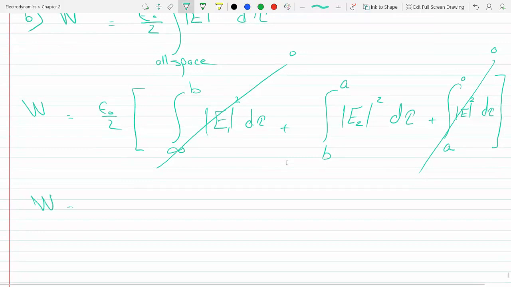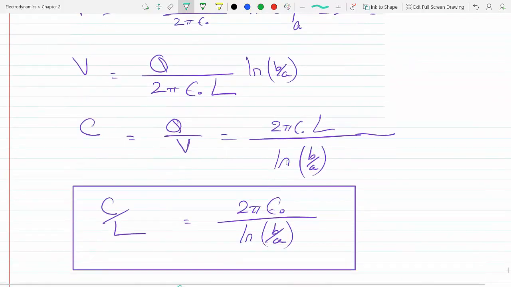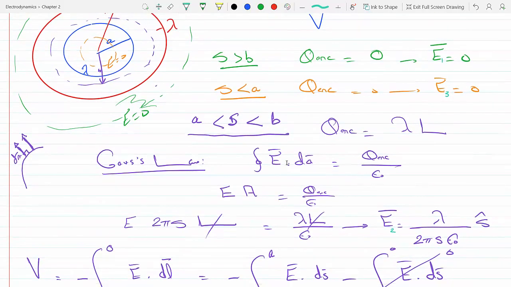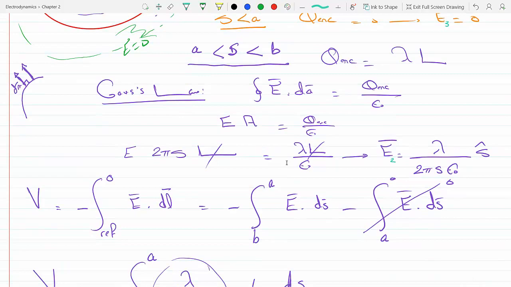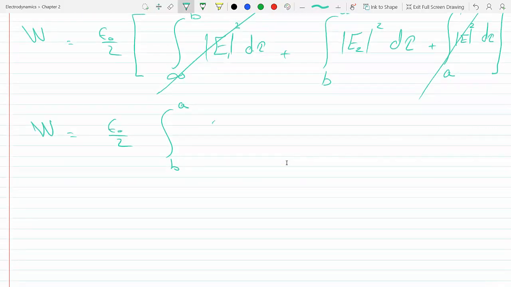So you just have to integrate that from b to a. What was E? We found it here, right? Lambda over 2 pi s epsilon, so lambda over 2 pi epsilon squared. This is all a constant, it can come outside, and then we have 1 over s squared ds.